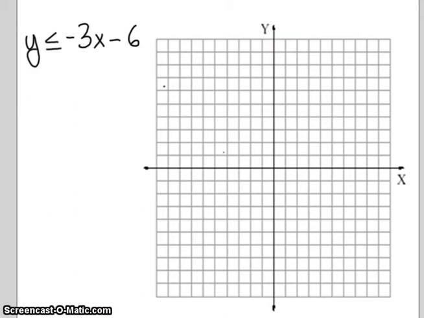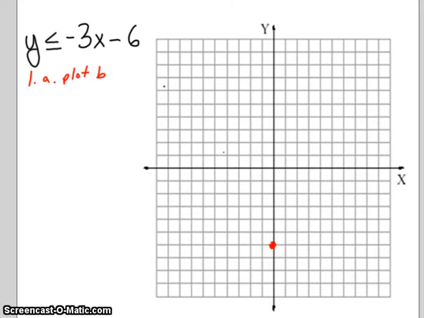Okay, we have y is less than or equal to negative 3x minus 6. Okay, first step is we're going to graph this like y equals negative 3x minus 6. First step, step 1A, plot B. Okay, plot B, so B is -6, so we're going to go down to -6 on the y-axis.